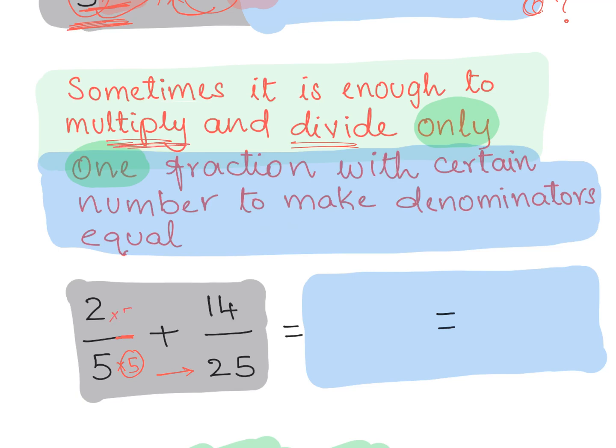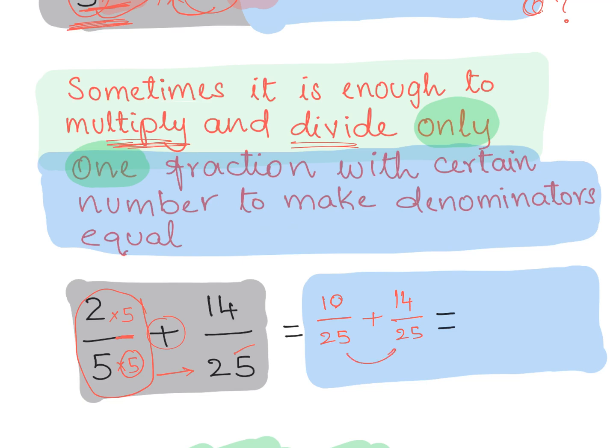So multiplying by 5, now if I consider the first fraction, 2 5s are 10, by 5 5s are 25, plus 14 by 25, right?